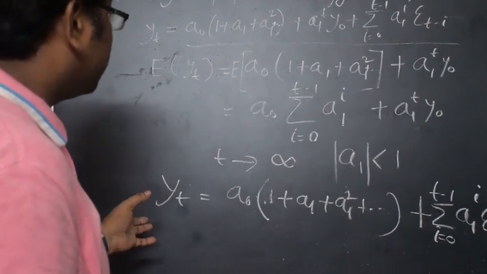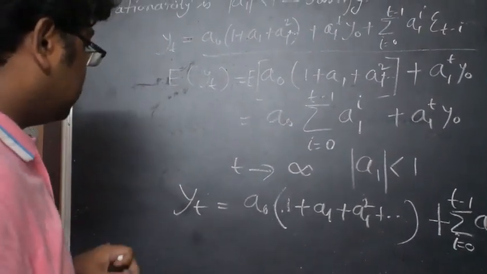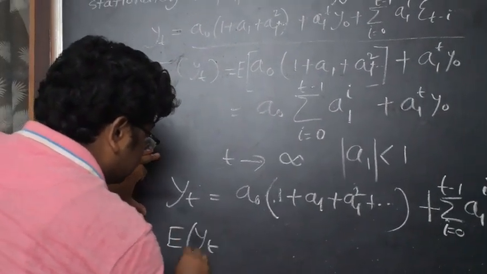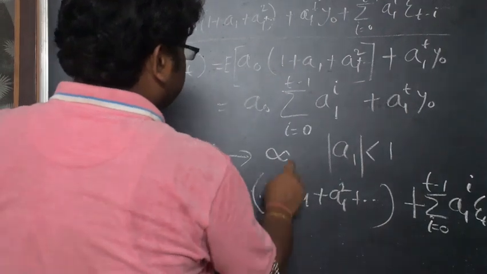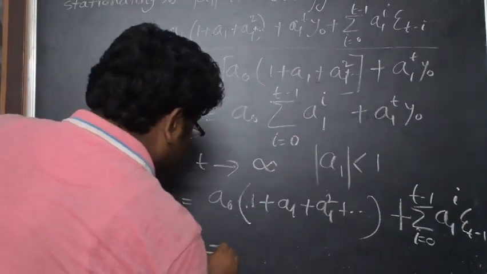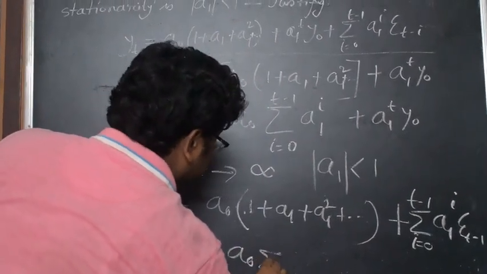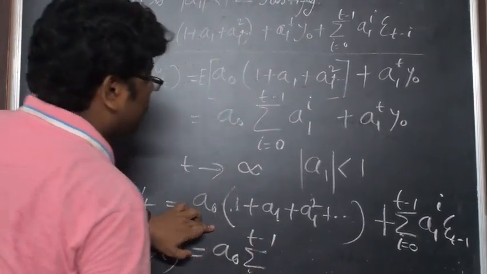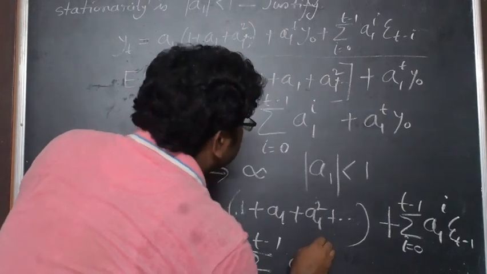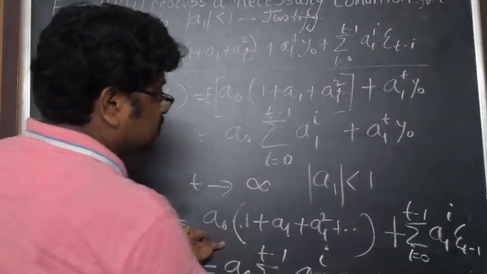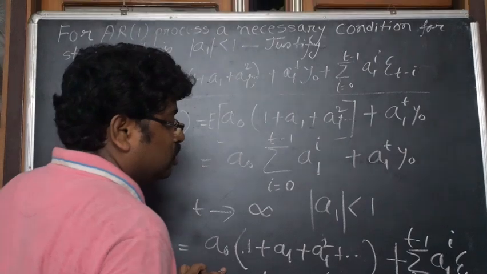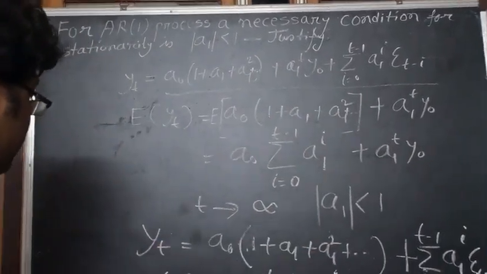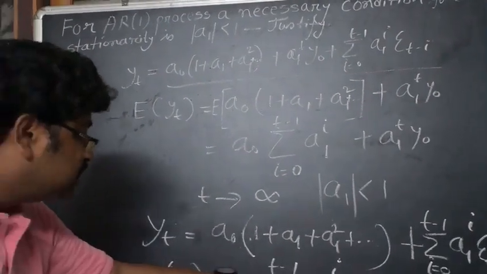Now if you take the expectation of it, then the expectation of yt is a0 times the summation of a1 to the i, and the error part will be 0, because the expectation of error is 0.